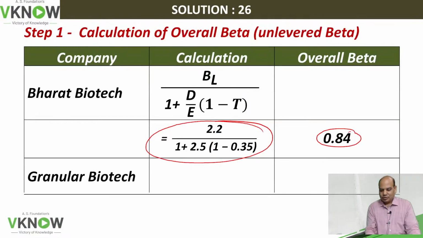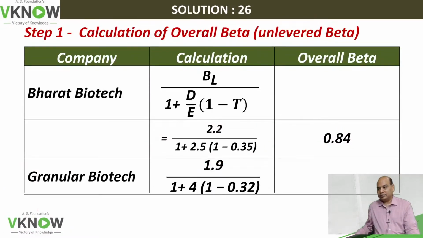Okay. Now write Granular Biotech. Here the data is 1.9 upon 1 plus debt equity ratio 4 into 1 minus 0.32. Very important question you are solving. You will not find it in the institute publication, but they will ask you.